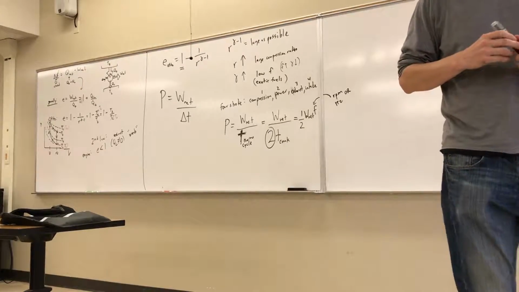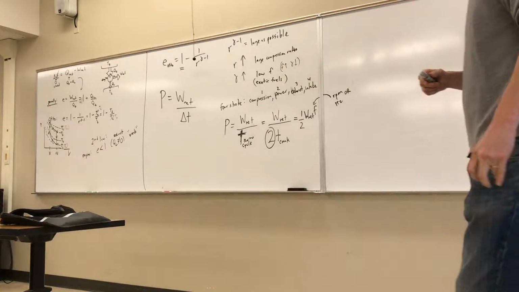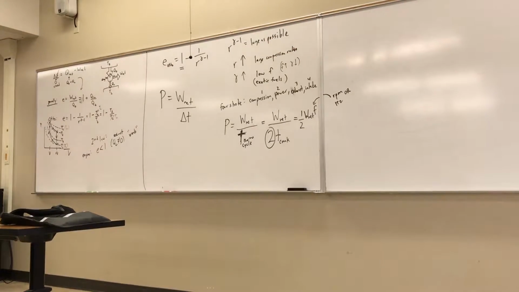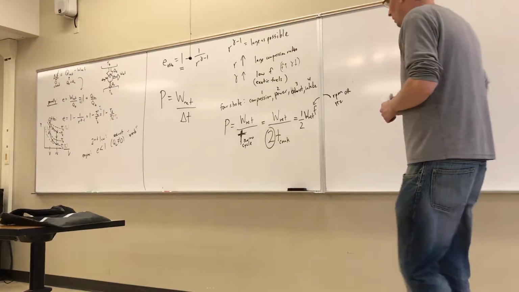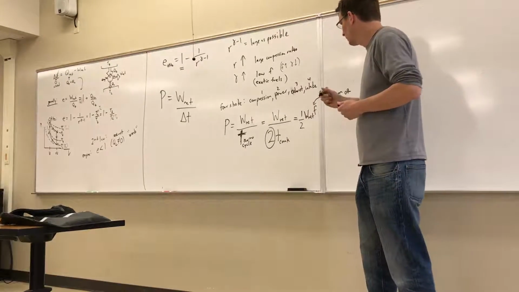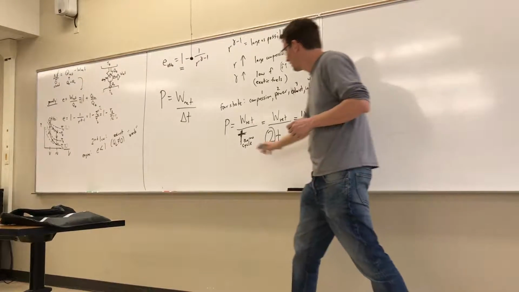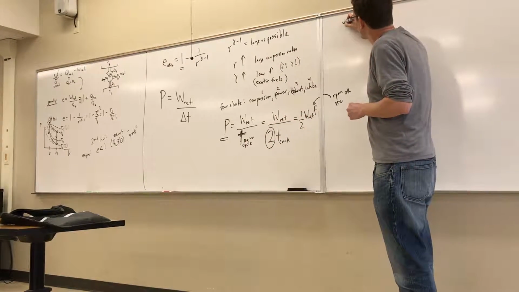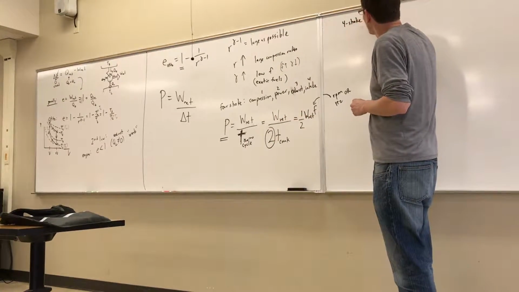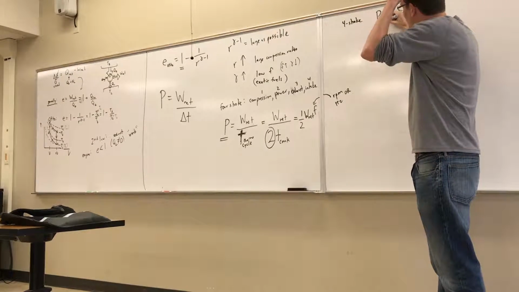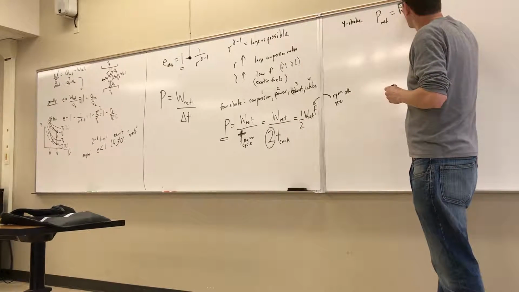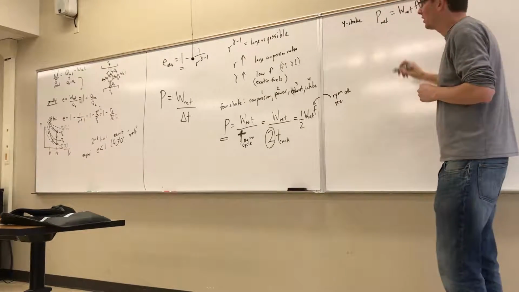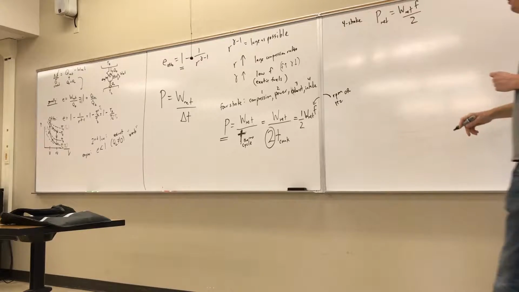When an engine is running at such and such an RPM, that of course means of the crankshaft. So every 2 rotations of the crankshaft, you complete 1 thermodynamic cycle. And so that's going to be your power output, okay? So for your 4-stroke engine, 4-stroke Otto cycle, your net power output will be net work of 1 cycle times the frequency that you're running the crankshaft at divided by 2, okay?